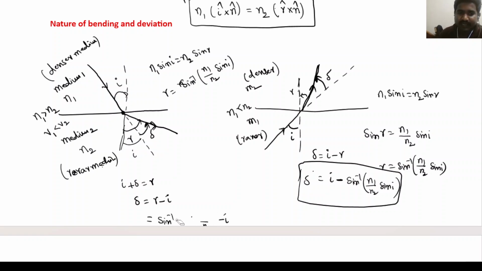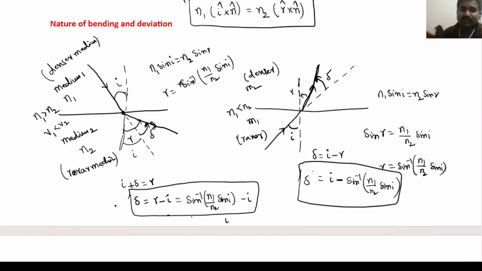Once again I have written the deviation formula. Whenever a light ray travels from denser medium to rarer medium, the angle of refraction is greater compared with the angle of incidence. Therefore the deviation is sine inverse of n1 divided by n2 times sin I, minus the angle of incidence. So keep these formulas in your mind while solving problems.